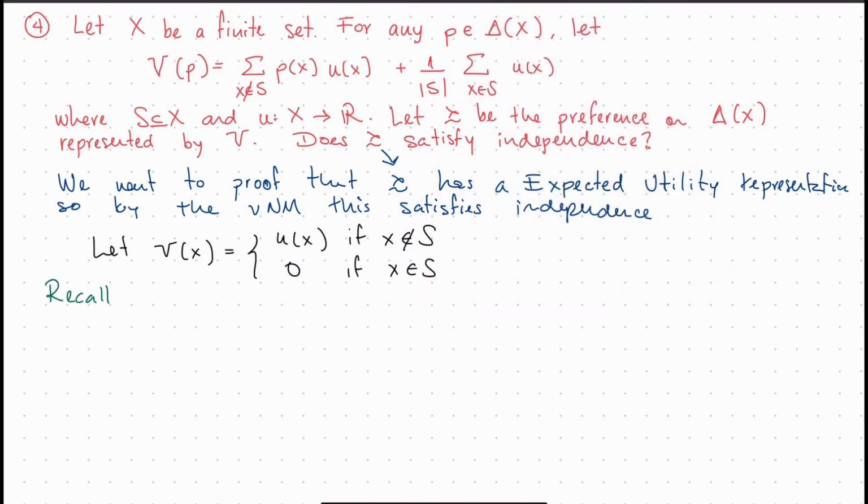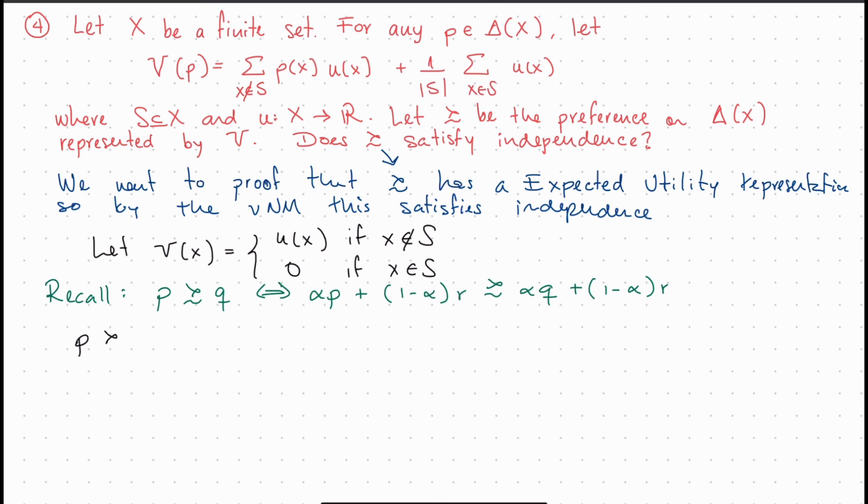We have two lotteries P and Q, where P is weakly preferred to Q if and only if alpha P plus 1 minus alpha R is weakly preferred to alpha Q plus 1 minus alpha R. So we want to show this.